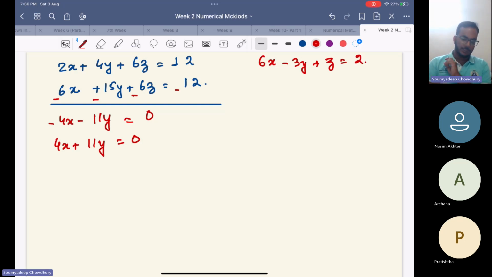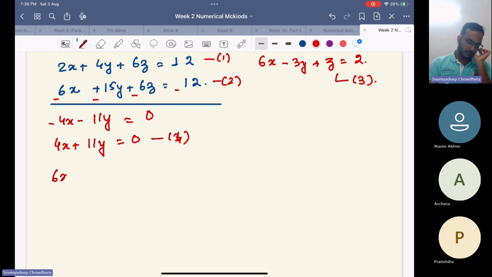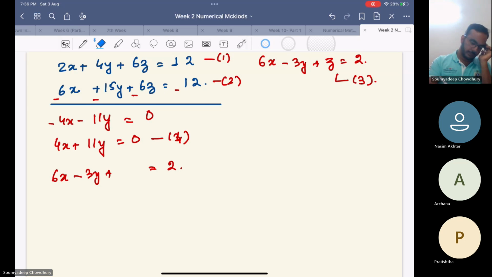So now if I solve these two equations, I will get a unique value of x, y, and z, which is a point. This is 1, 2, this is 3. So we have 6x minus 3y plus z equals 2, and 4x plus 11y equals 0.